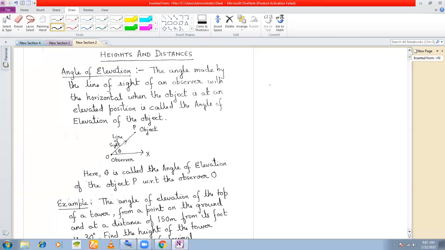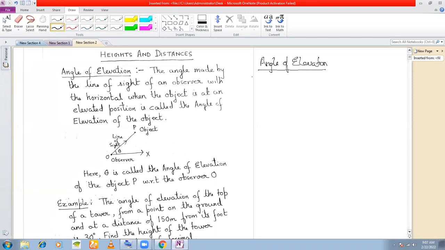Heights and distances. Under heights and distances, I told you about angle of elevation and angle of depression. Repeat, angle of elevation. Elevation means elevated object.